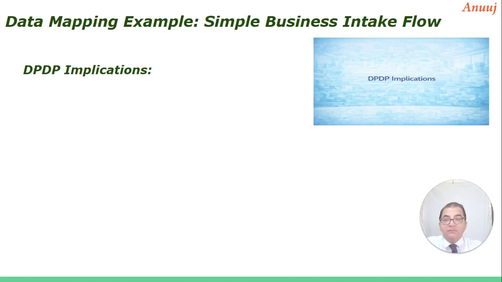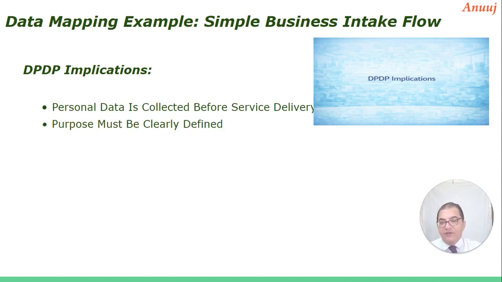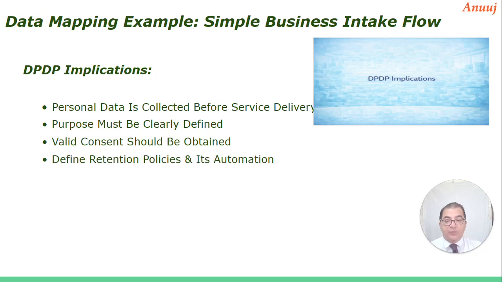So simply speaking, from the DPDP point of view, personal data has to be collected, of course, before delivering the service. Purpose must be very clearly defined. A valid consent should be obtained. A proper privacy notice and a retention policy should be configured and automated. For e-commerce websites, say 3 years; if the customer does not order anything, then you need to cancel or delete their account, right?